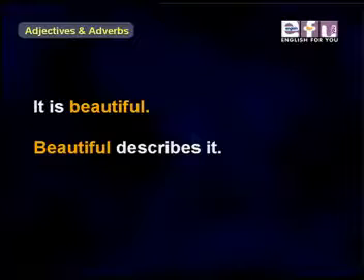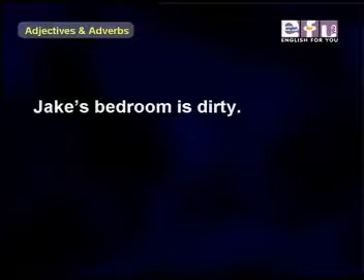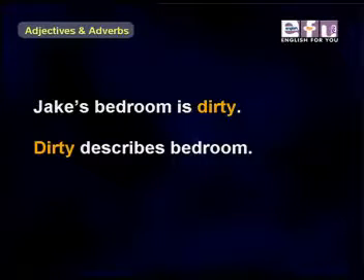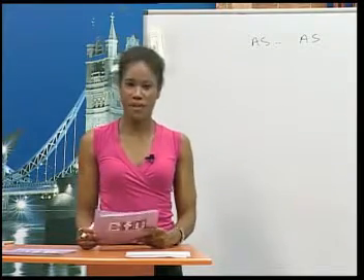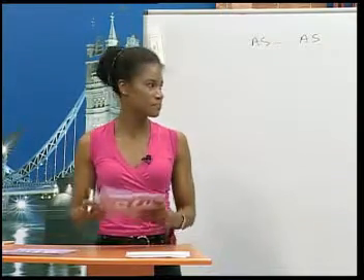Okay, beautiful describes it. So in this example, it is following the verb to be. Jake's bedroom is dirty. Dirty describes bedroom. So again, the adjective is following the verb to be.